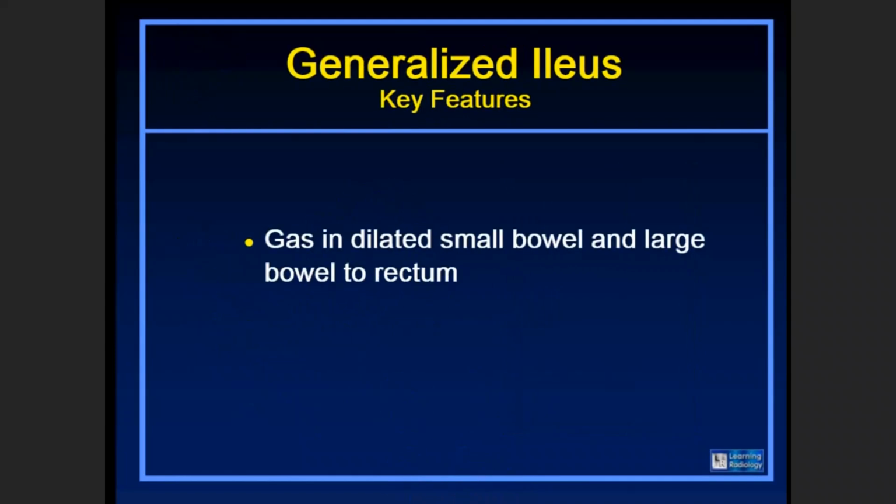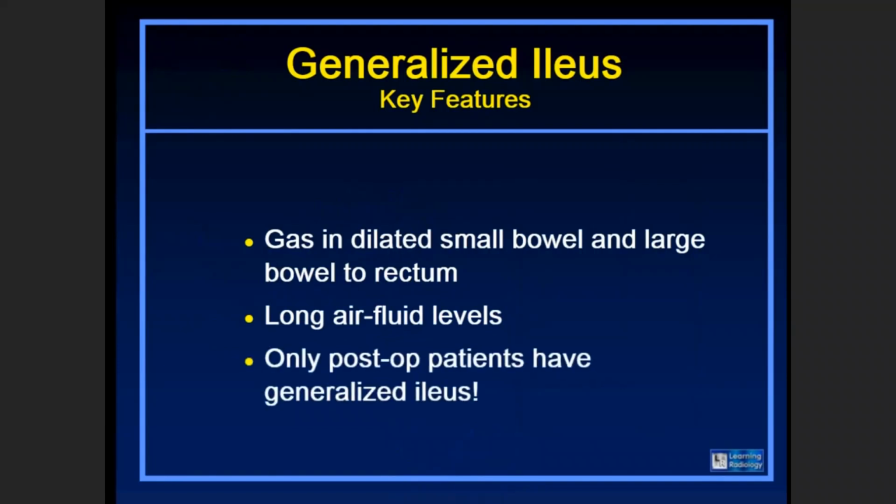In cases of generalized ileus, there is gas in dilated small bowel and large bowel to the rectum, with long air fluid levels. Generalized ileus is mostly seen in postoperative patients, so it will be suspected in patients who have undergone surgery.